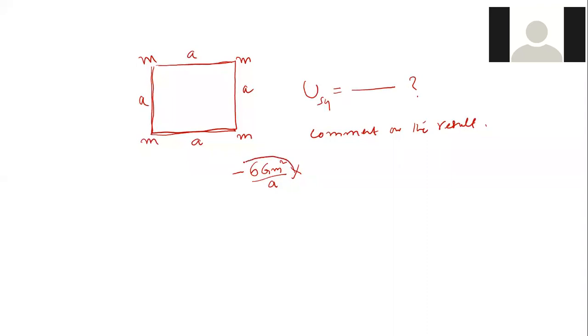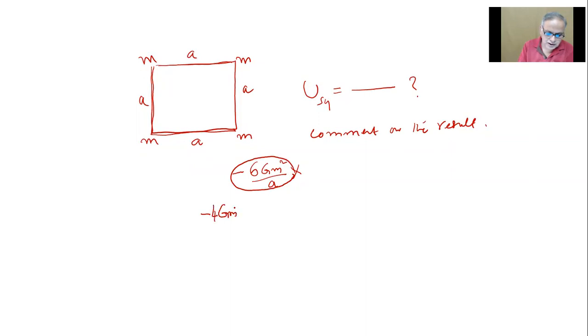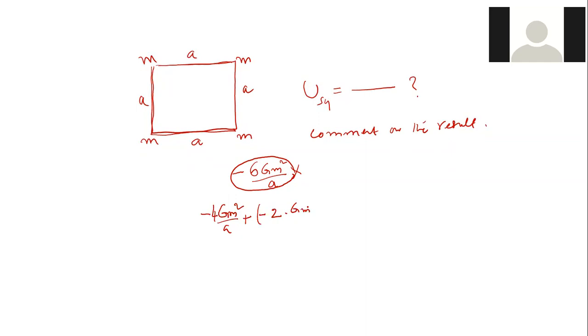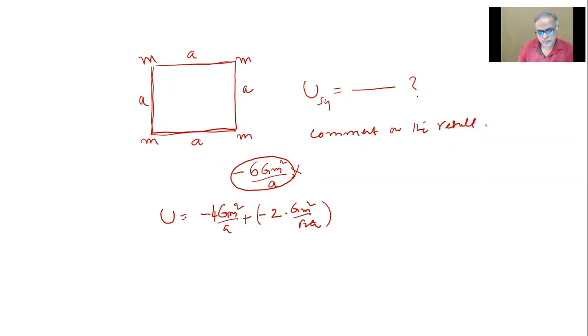But even that is wrong. It is minus 4 gm square by a plus minus 2 gm square by root 2a. Why?